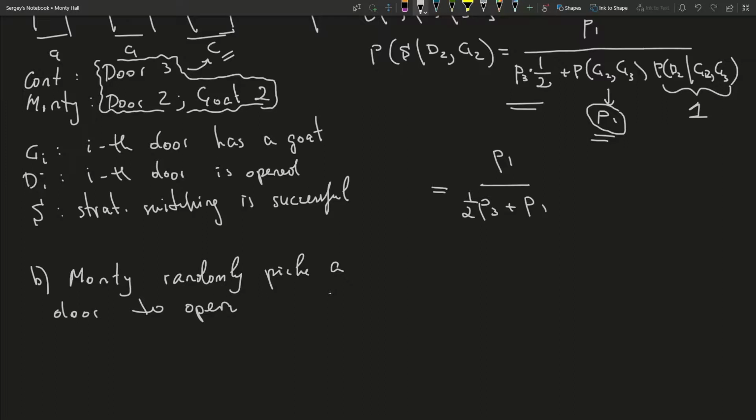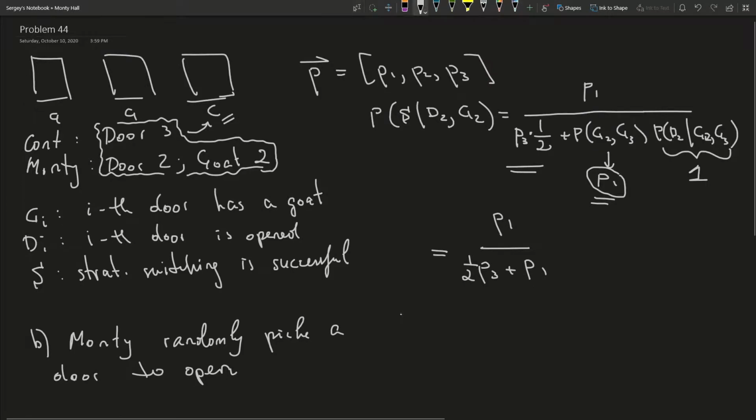Well, in part A, when we were considering the various scenarios, for the probability that Monty opens door 2, given that there's a goat behind door 2 and there's a goat behind door 3, this probability we said was 1 because Monty always opened the door with the goat behind it.